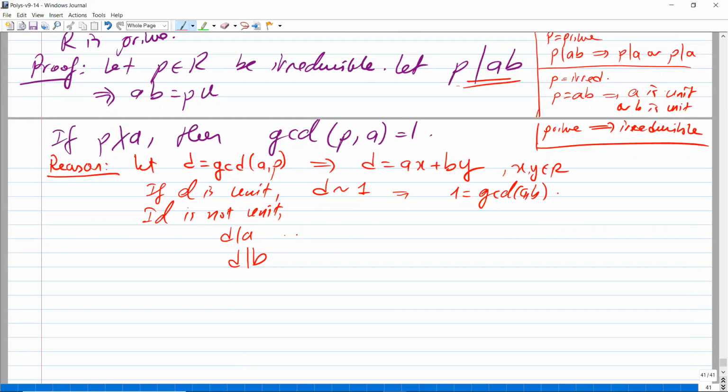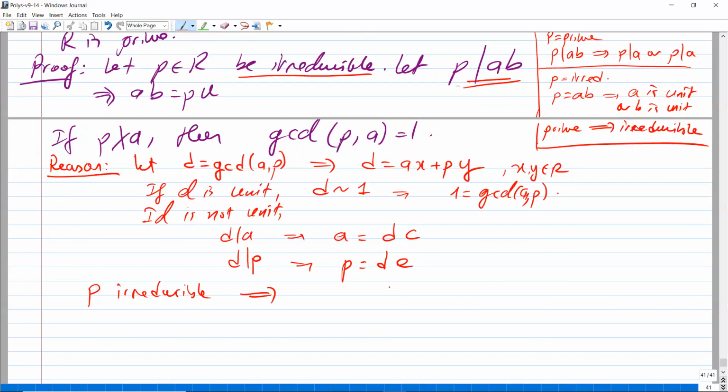And so we may write A as D times C, and P is equal to D times E. Therefore, since P is irreducible, we assume that P is irreducible, this implies that D or E is a unit.